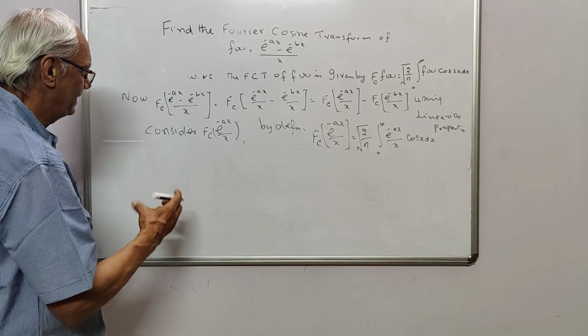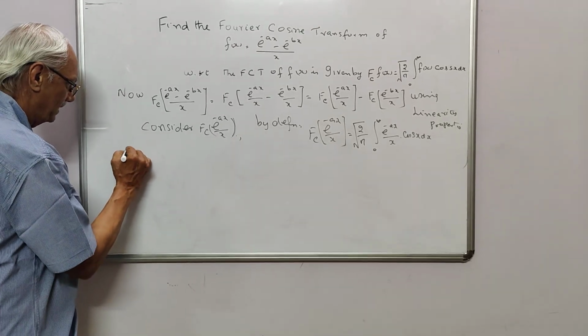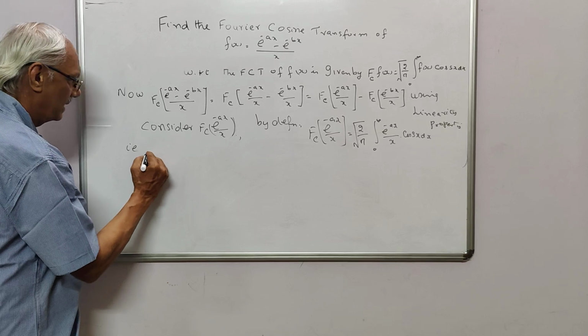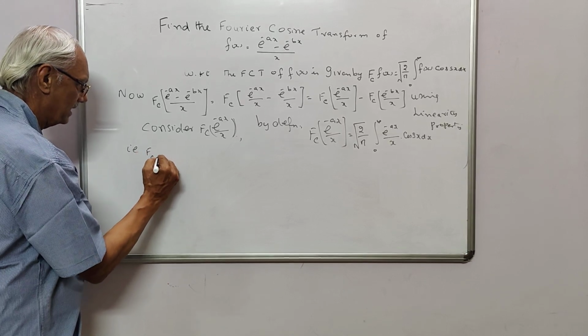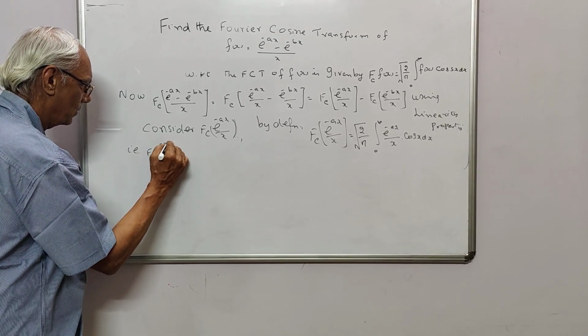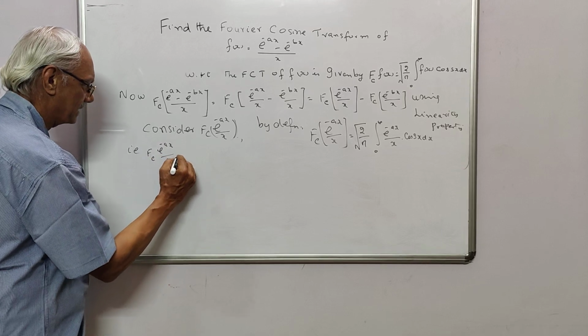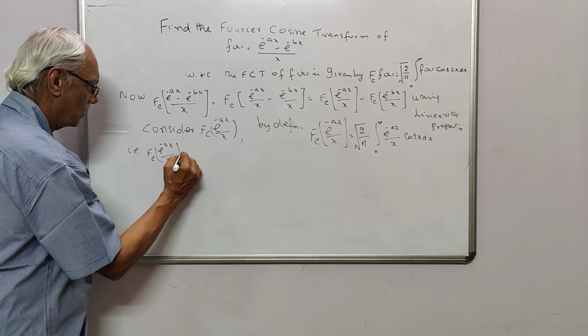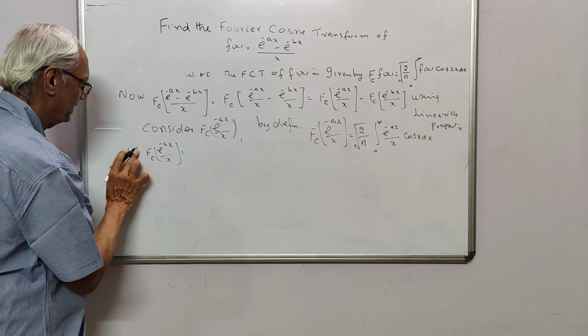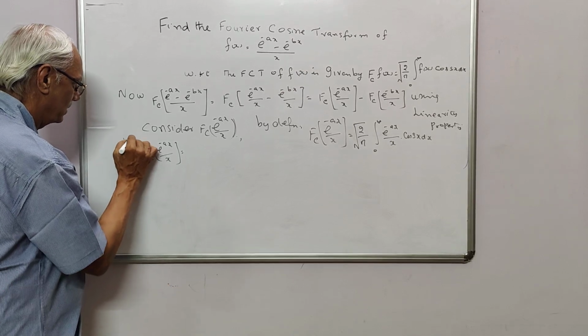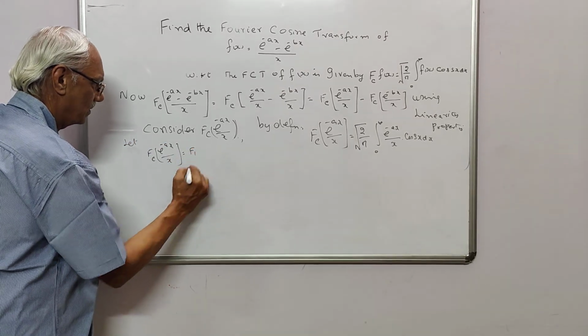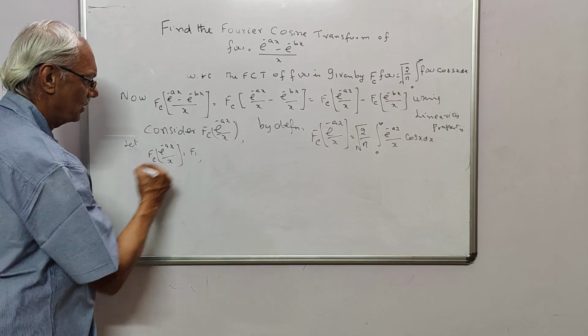Now this I write, that is Fc of e to the power of minus ax by x, call this your F1.